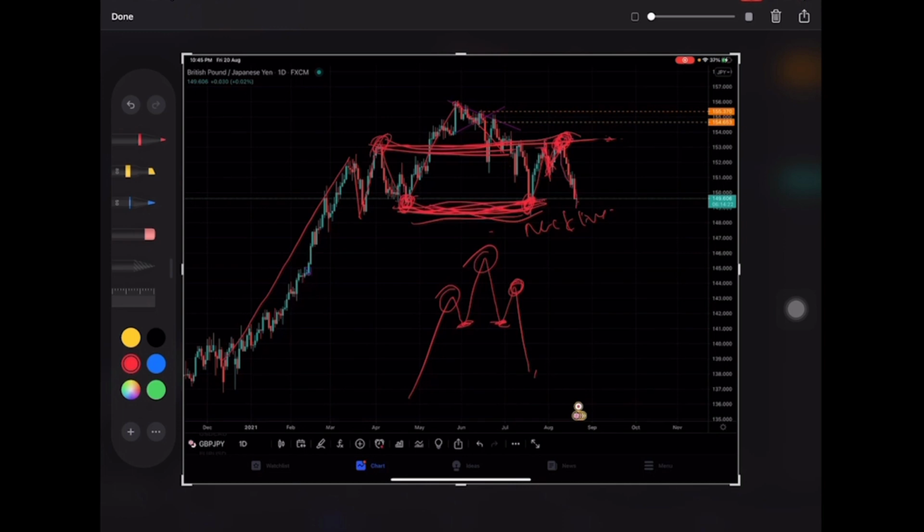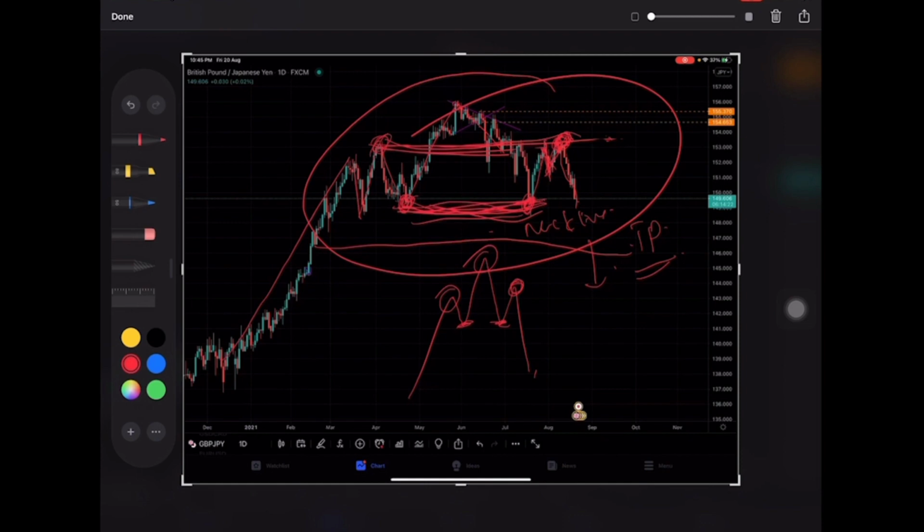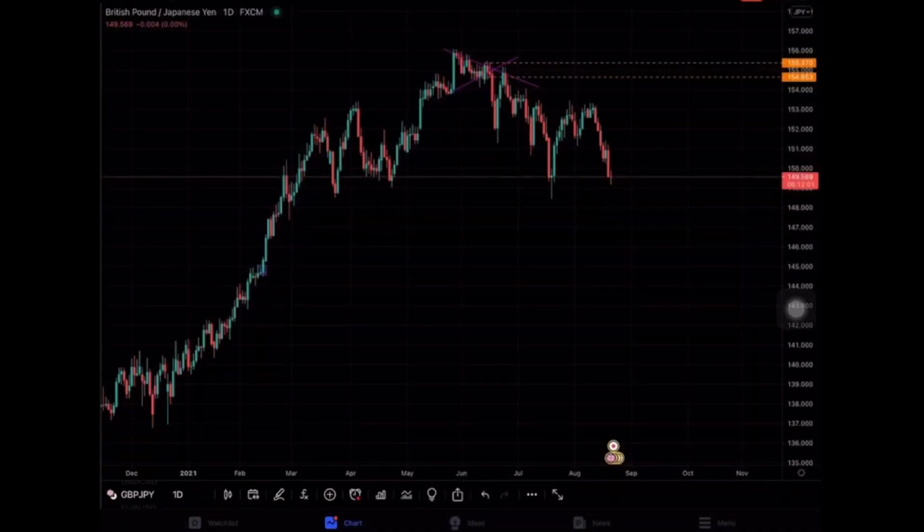So where is our TP? Our TP will be the nearest SNR after the neckline. So this level can be our TP. If it breaks this level, it will be going down because this is a reversal setup. What do you mean by reversal setup?